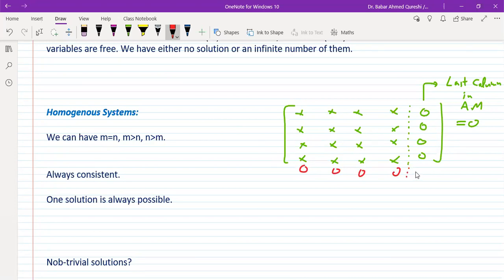That's the only way you can have inconsistency in your linear system. But since the right-hand sides are all zeros, under any row operation, the last column does not change.